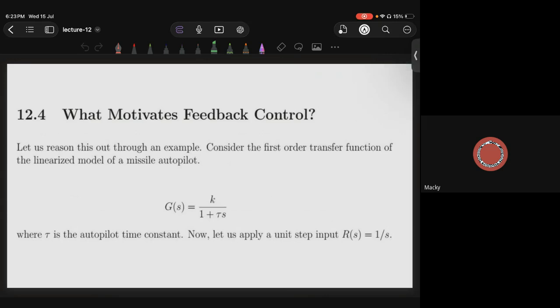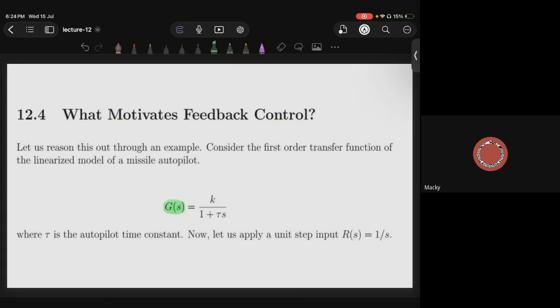Okay, let us start with this missile autopilot system, missile transfer function, G of S equal to K by 1 plus tau S. Let us say tau is some system constant.